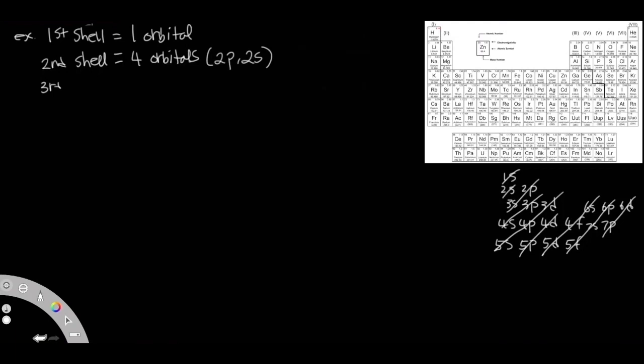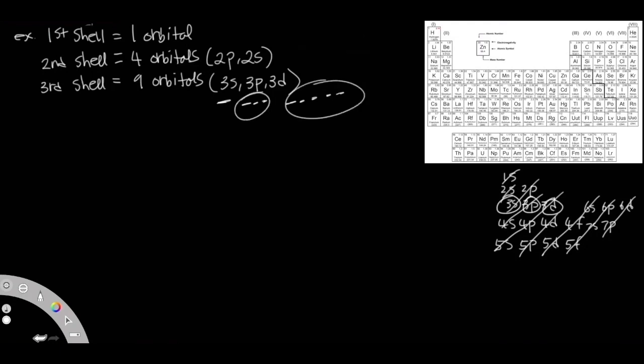Let's look at our third shell. In our third shell, we now have 9 orbitals. And we've already done this together in the previous page. 9 orbitals because for our third shell, we have our 3s, we also have our 3p, and we also have our 3d. This has 1, this has 3, this has 5.